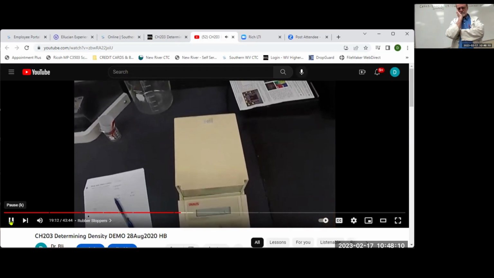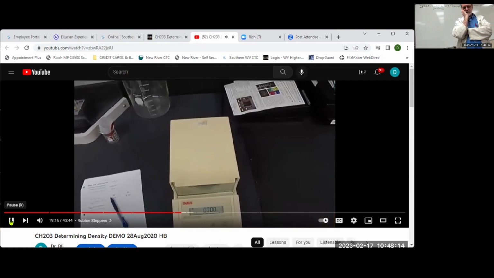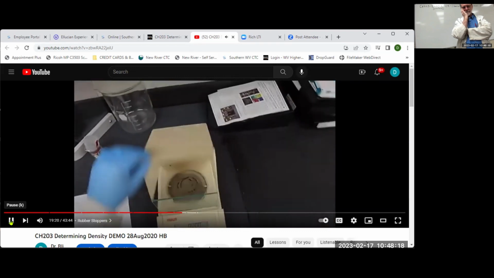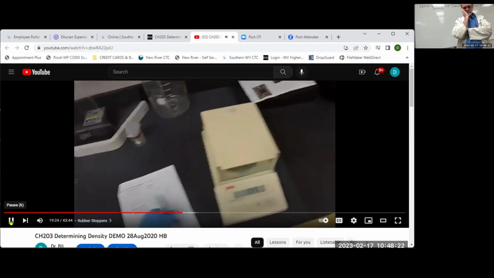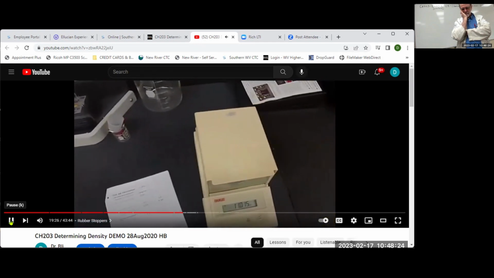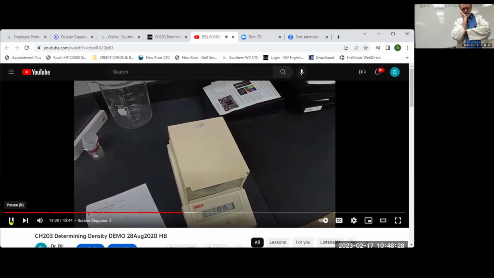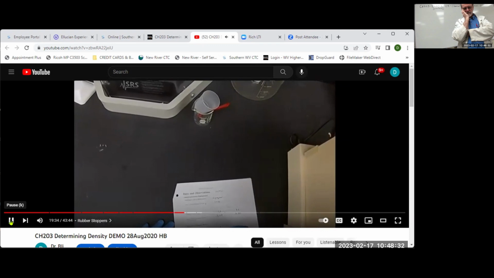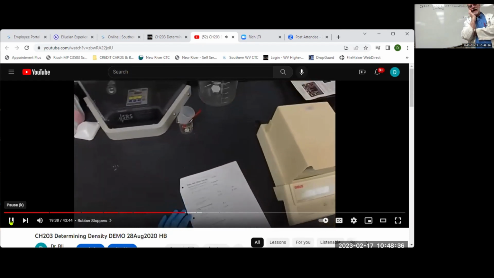Give it a chance. There we go. Put the stopper on there, close the lid. Now we're going to get a stable number eventually. 11.016 grams.